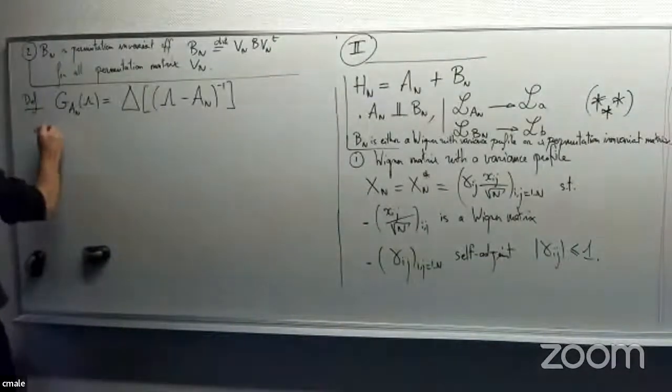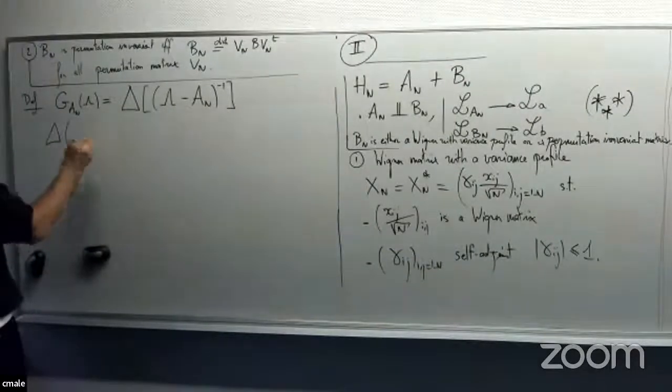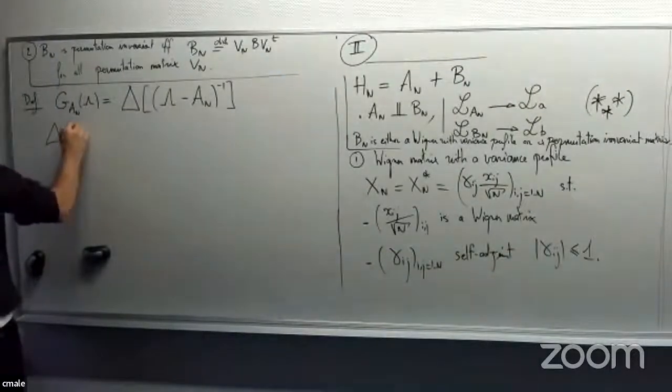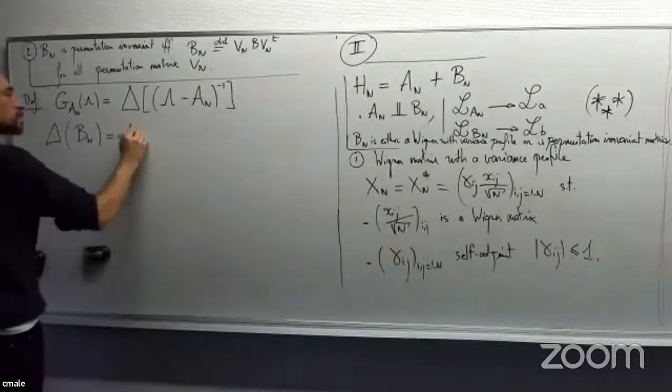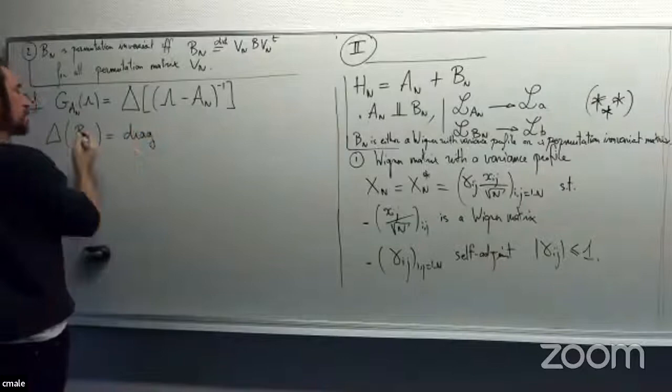So Delta is what I call the diagonal operator, which takes a matrix, let's say a generic matrix B_n, and gives us the diagonal matrix of the diagonal elements of B_n.